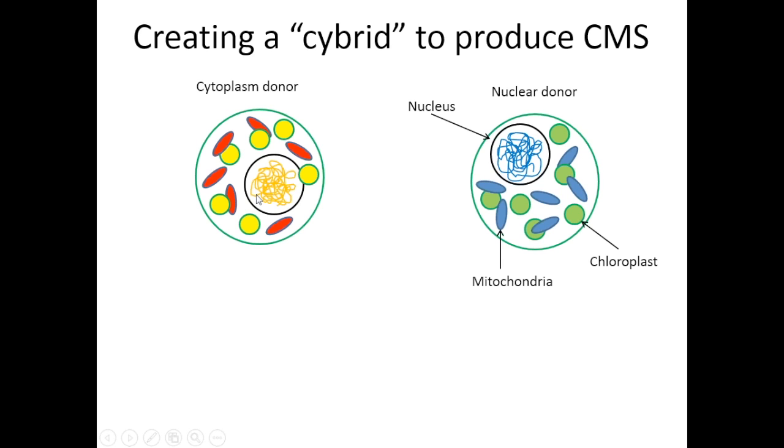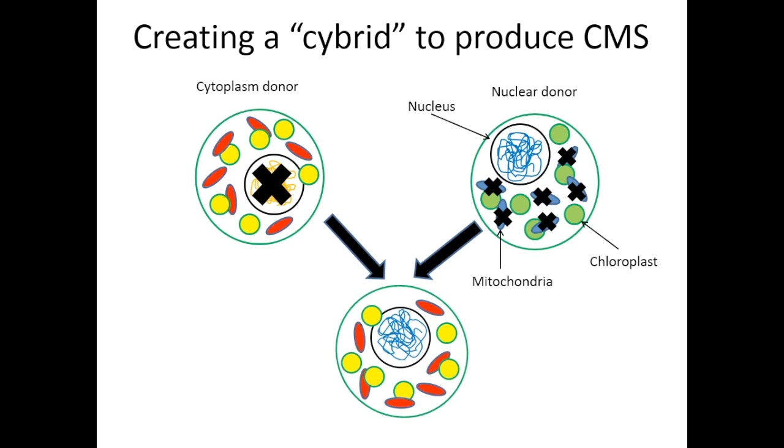So you would treat these with something like gamma or X-ray irradiation, which would generally knock out the nuclear genome. Then treat these with a compound like iodoacetate. It's a metabolic inhibitor, and it shuts down the cell.